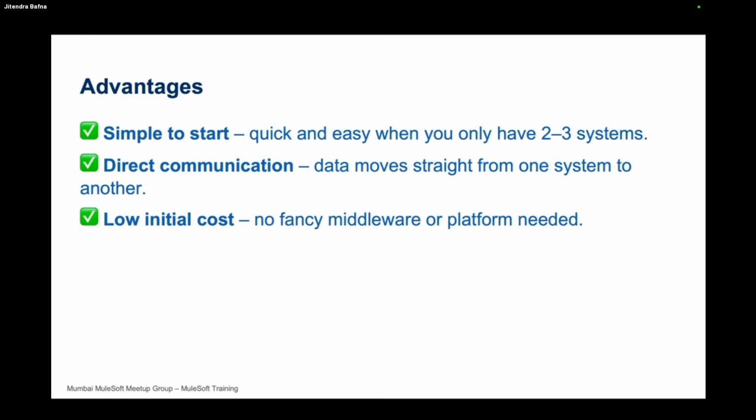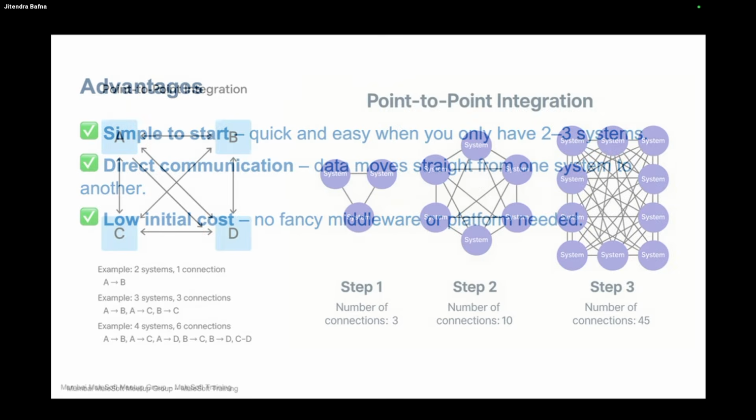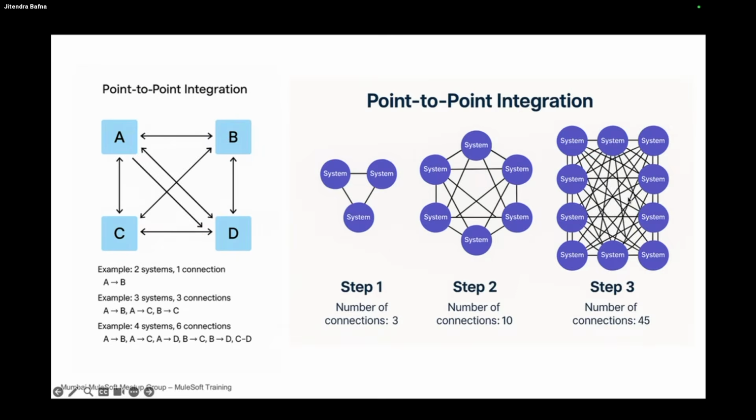One system can directly send data to another system. Initial cost is low, because you don't have to buy any middleware or platform; you can simply write custom code. But later on, if this architecture grows, it becomes costly and difficult to manage, right?